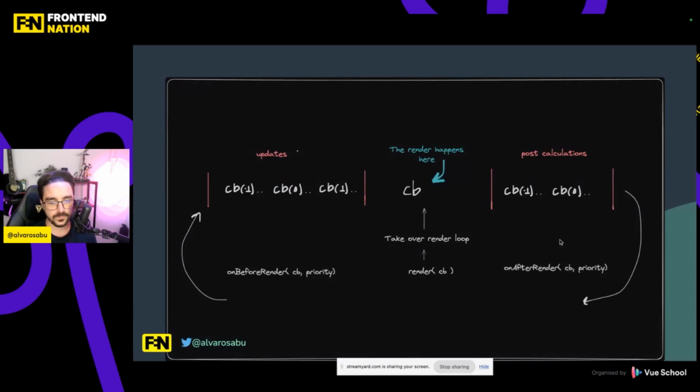So this is a really bad diagram that took us more than 3 months to make, with discussions in the core team. But at the end, we managed to create an API. And the idea is that you have access to three different methods. One is onBeforeRender, where you can pass the callback and assign a priority.